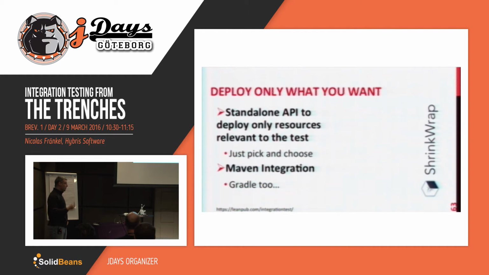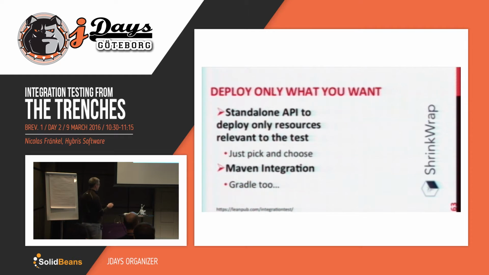There is a very good project called ShrinkWrap that is part of a larger project called Arquillian, provided by Red Hat, and that does exactly that. You have a DSL to pick and choose the resources you want, assemble them the way you want, and deploy only that on the application server.